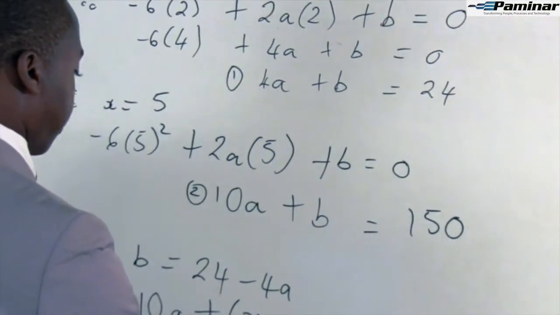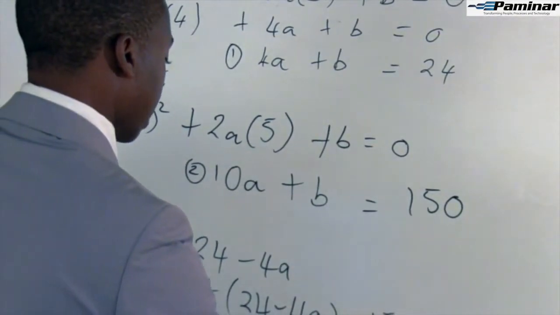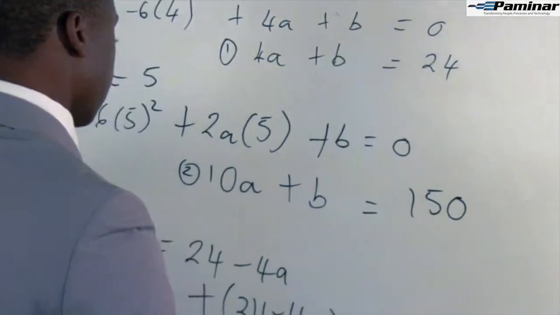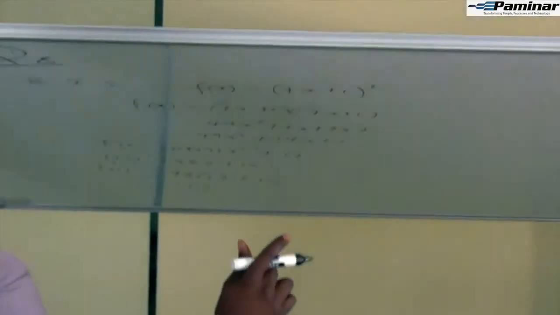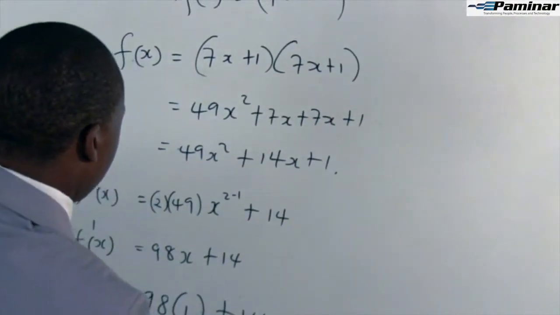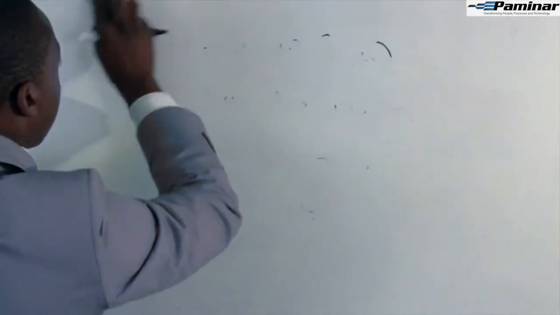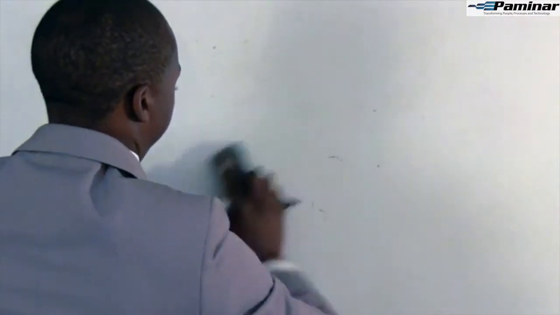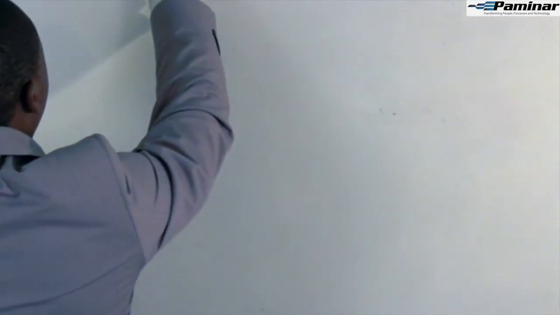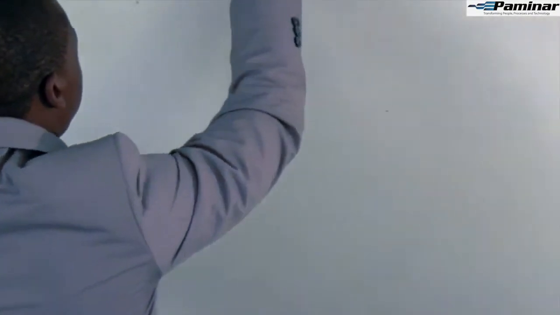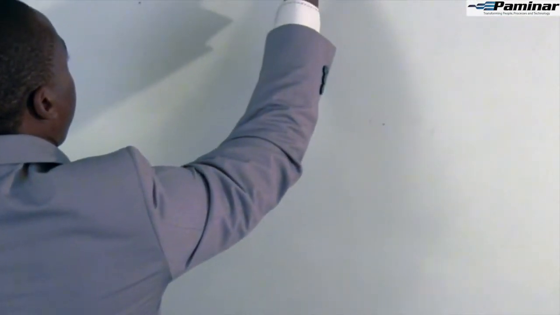So from here we need to solve for a. It becomes 10a plus 24 minus 4a is equal to 150, which becomes 6a plus 24 is equal to 150.